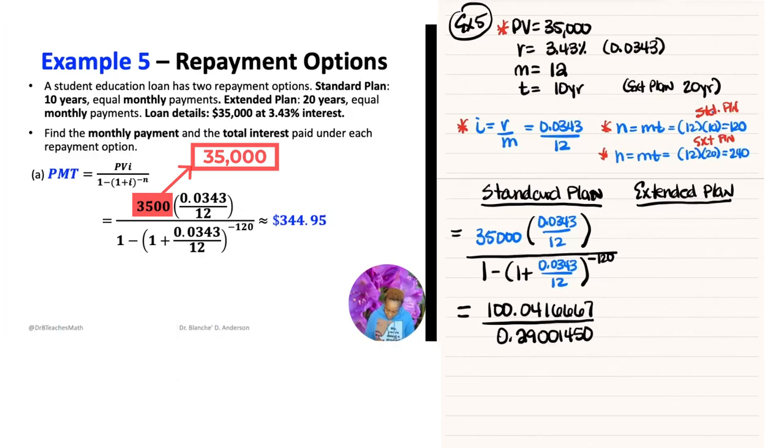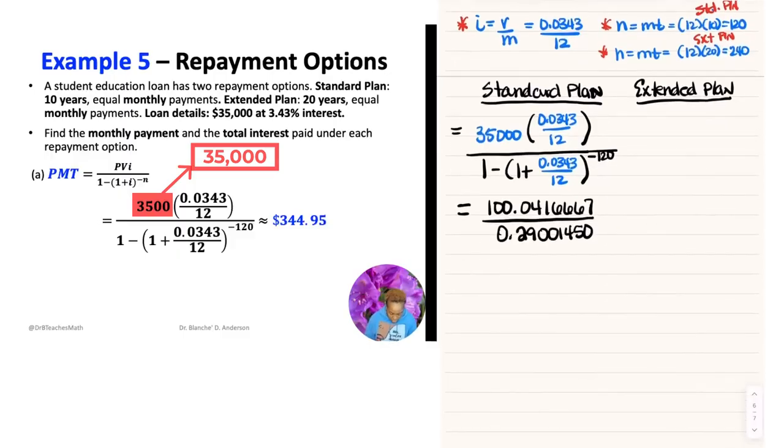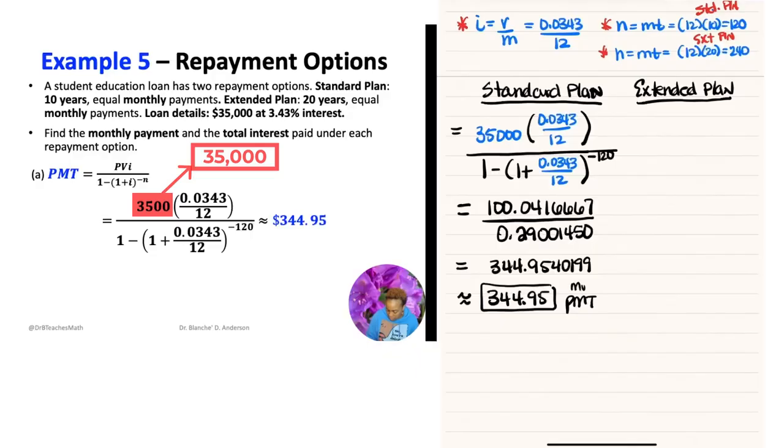Okay, so then 100.04166667 divided by that number, and you should get 344.9540199, which is 344.95. Okay, so that is the payment. That's the monthly payment.